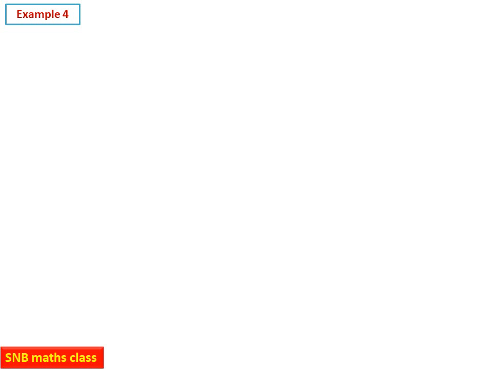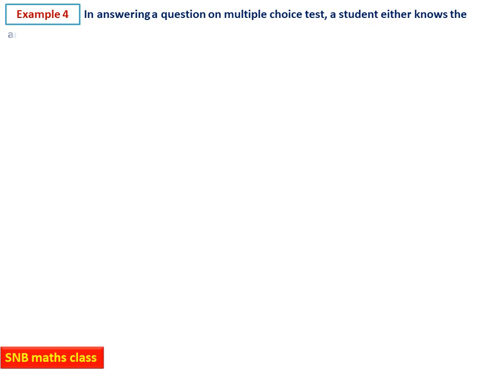Next, example 4. In the beginning I have taken all the examples in order. Later, of course, I have skipped some of the questions which are similar in nature. In answering a multiple choice test question, a student either knows the answer or guesses.